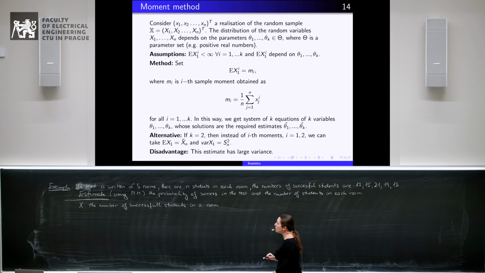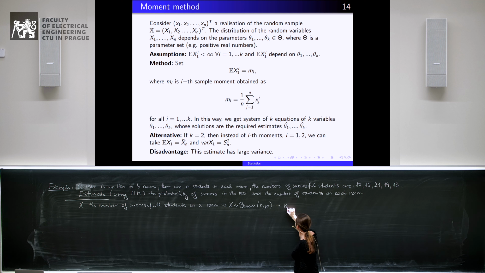The number of successful students in a room is, in fact, the number of successes in n trials, because in each room we have n students, and each student is a trial. So X is the number of successes from n trials, and it means that it has binomial distribution with the parameters n and p.